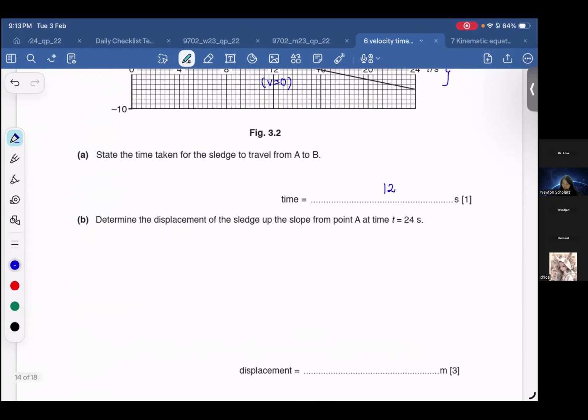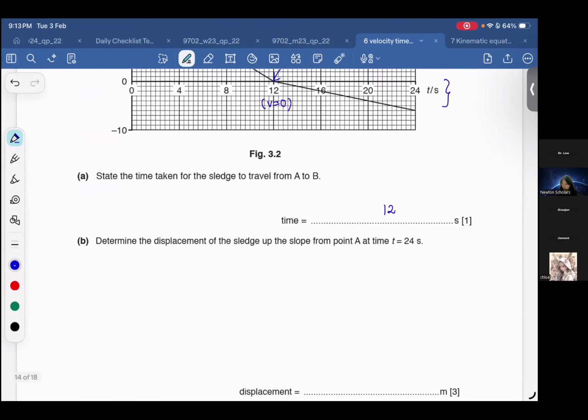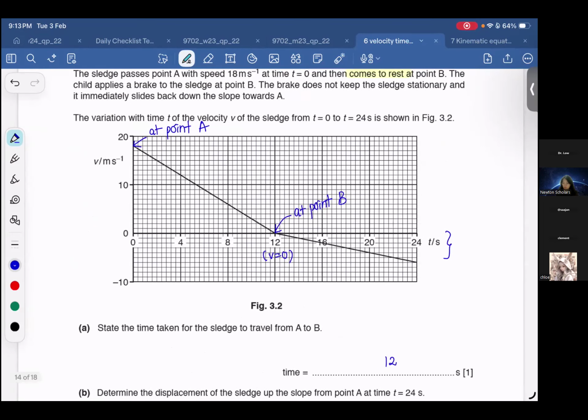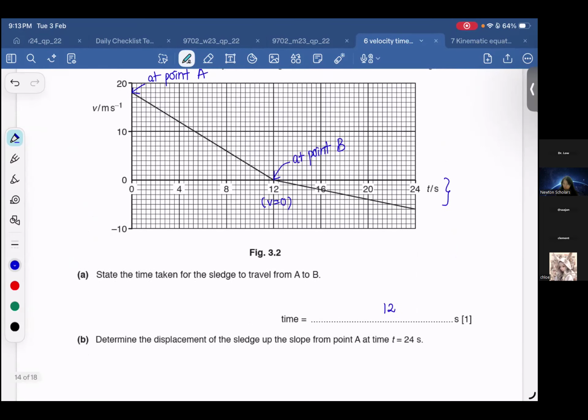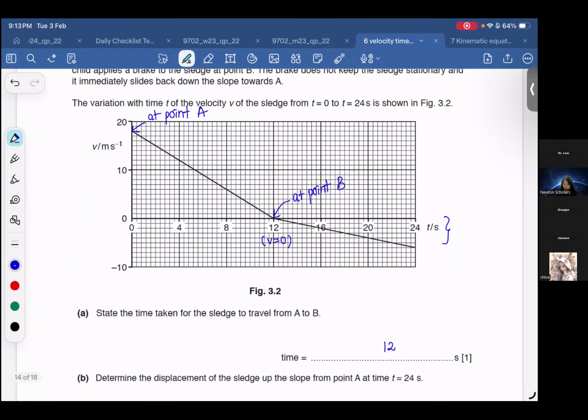Okay, next question. Can you determine the displacement from point A at time t equals 24? Can you try? Calculate the displacement up the slope from point A at time t equals 24 seconds. So we start from point A. After 24 seconds, what is the displacement? Jiaxuan, yes, correct. Very good.